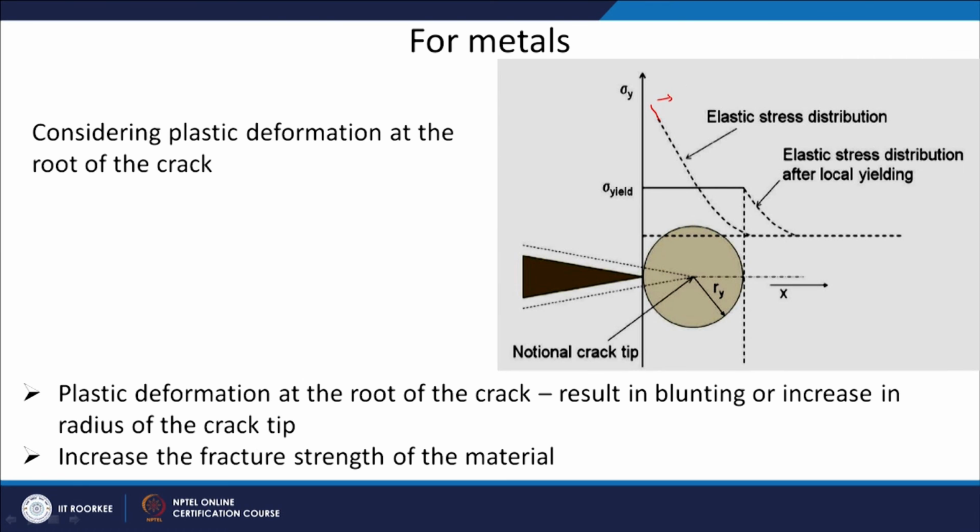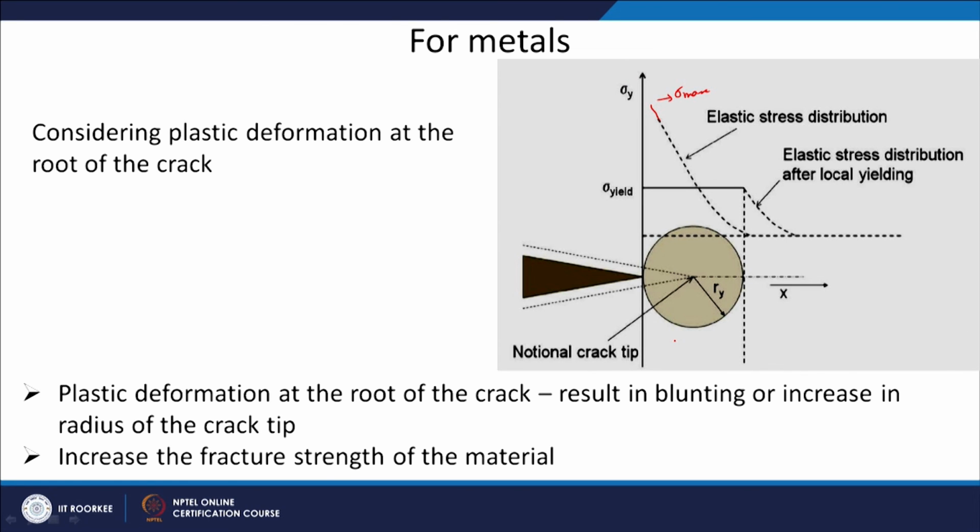The reason is this: as we said, where the crack tip is, you will have very high stresses. So, your sigma max is going like this. This is the elastic stress distribution we just saw, this is my crack tip, and because of that there is an increase in stress next to the crack tip.